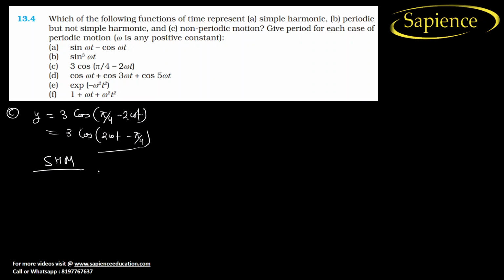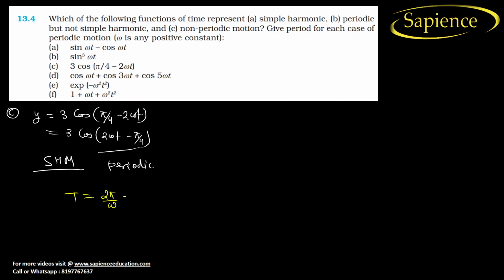Equation, periodic, and the time period for this is 2 omega. Okay, so this is very simple. Not 2 omega, sorry, it is not 2 omega. Basically, time period has a formula. Time period T is equal to 2 pi by omega.